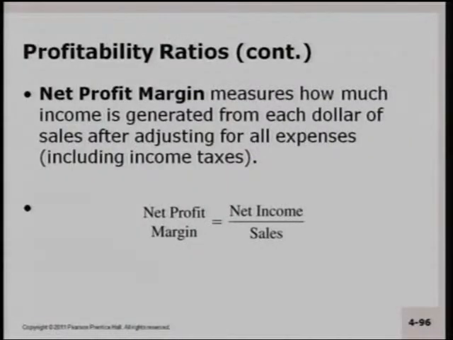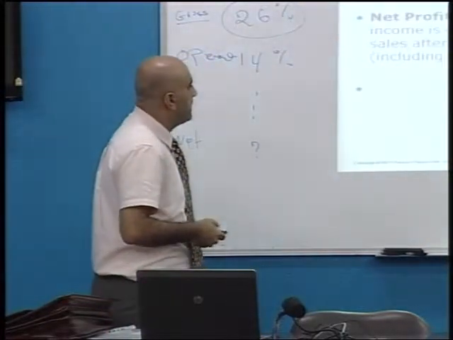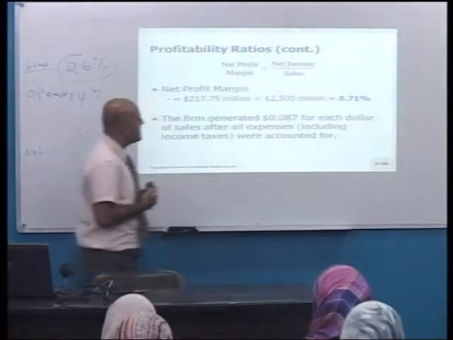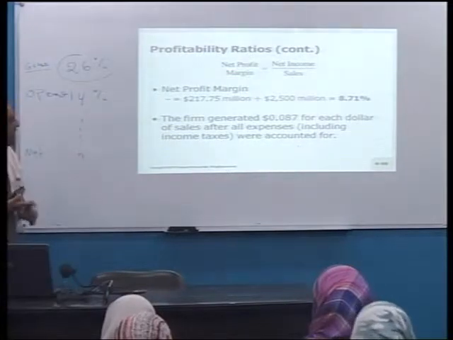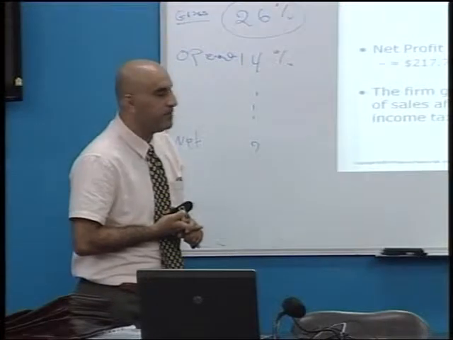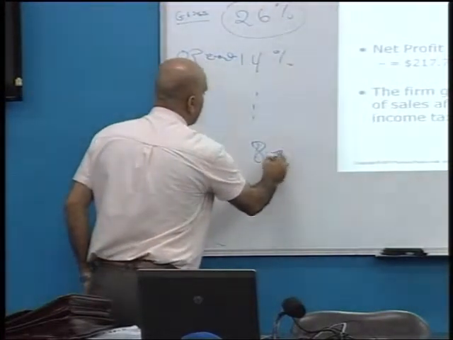Now, look at the net profit margin, which is calculated by net income divided by sales. It is 8.71%. It means $1 in sales generates 8.71 cents of income.